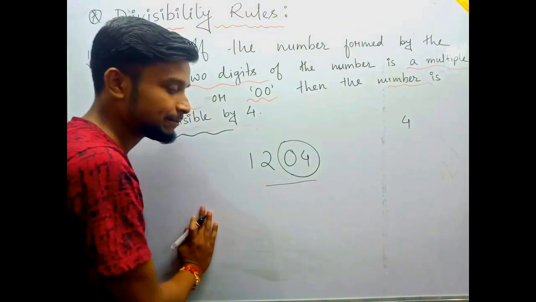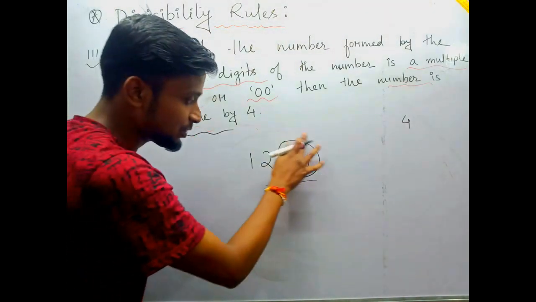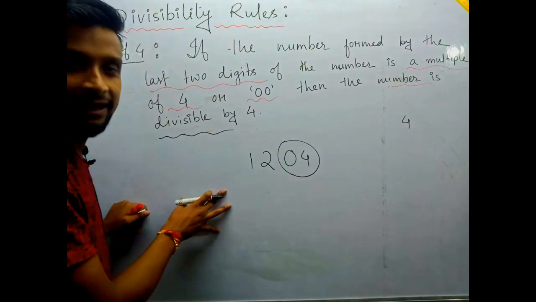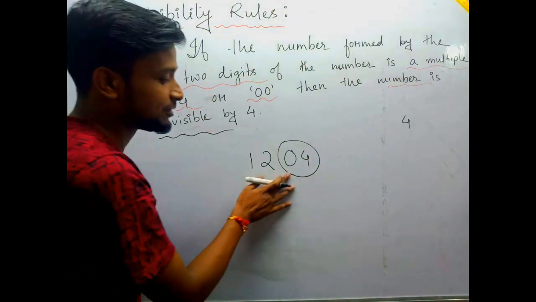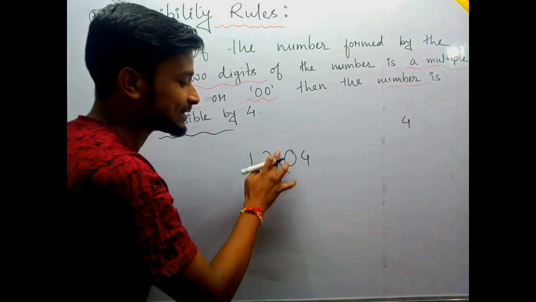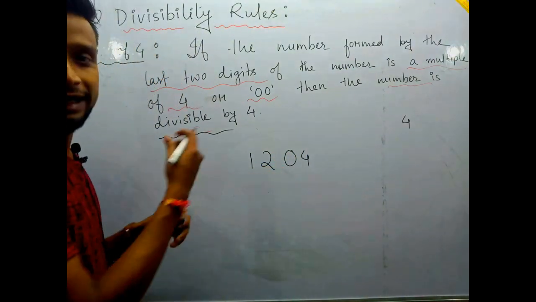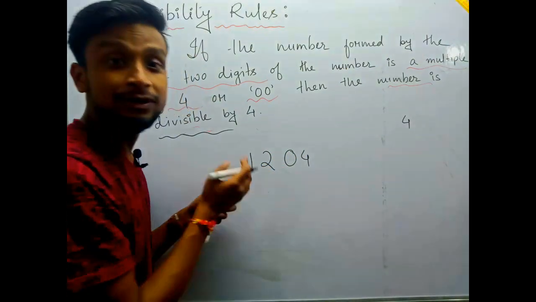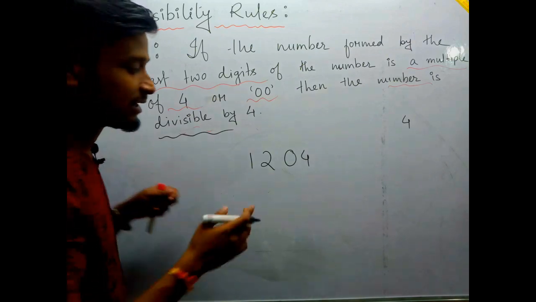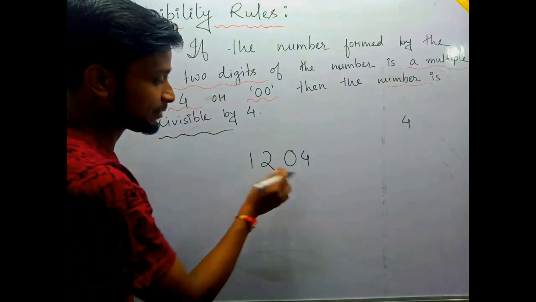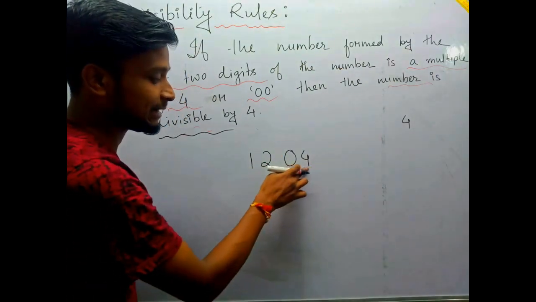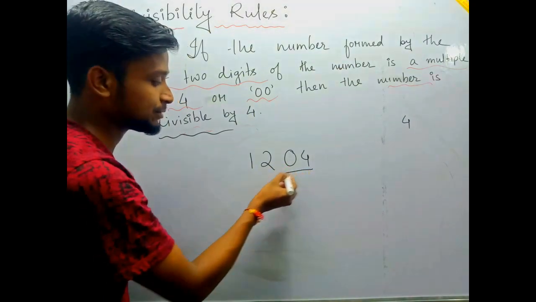That means 1204 will be divisible by 4. If we divide it by 4, the remainder is 0. The last two digits are 04, which is a multiple of 4.